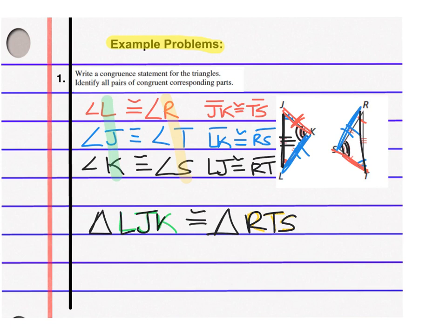Now this is not the only answer. You don't need to put all these, but I could also say JKL goes with TSR. They should be in order, like J and T should be corresponding, K and S, etc. So that order does matter.